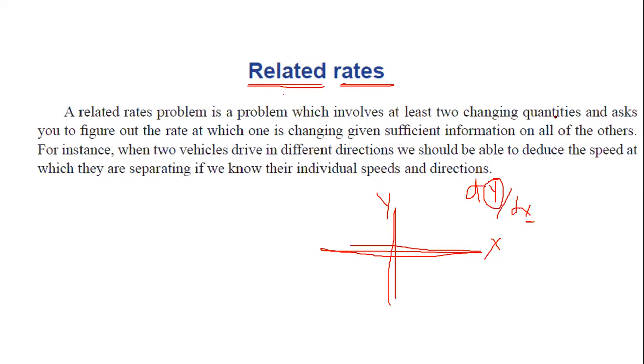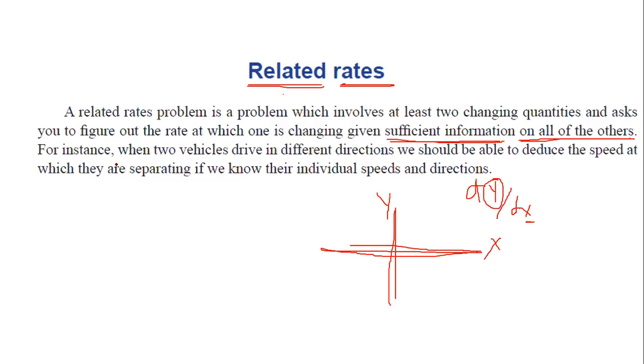A related rates problem involves at least two changing quantities and asks you to figure out the rates at which one is changing, given sufficient information on all the others. That means if they give the rate of change for one variable, then you can find the change in the other variable based on the first one.